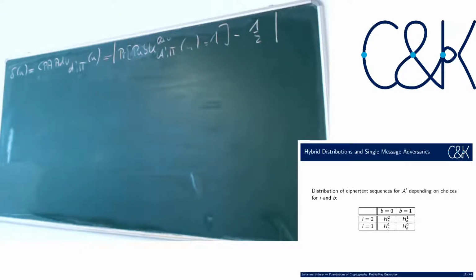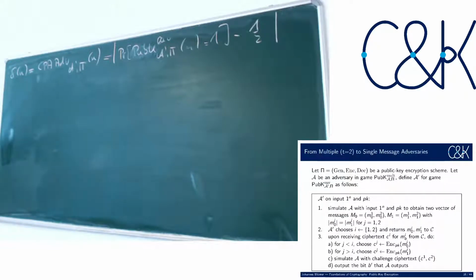Okay, so when does this guy win? Well, let's do something very simple at the very beginning. This is the probability that A prime outputs 0 and b was 0, plus the probability that A prime outputs 1 and b was 1. This is just rewriting this.